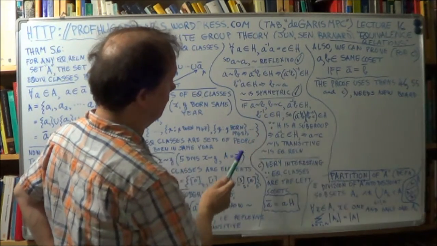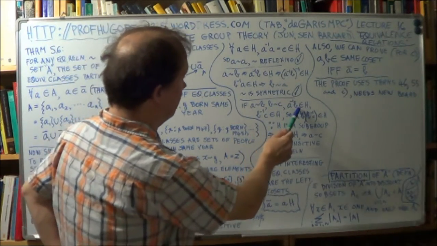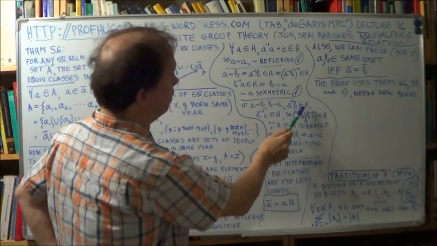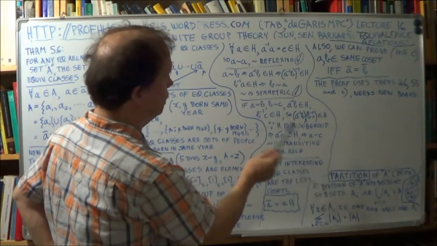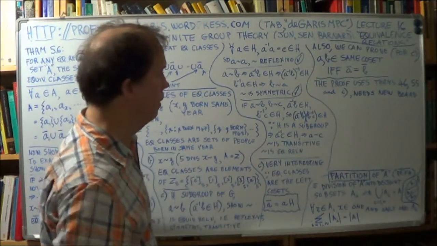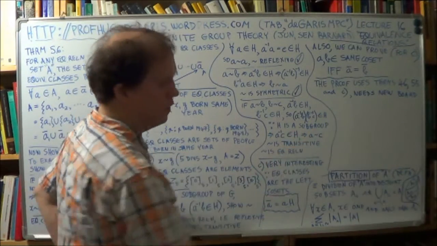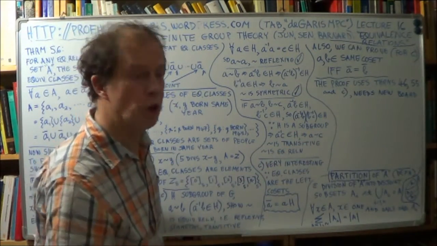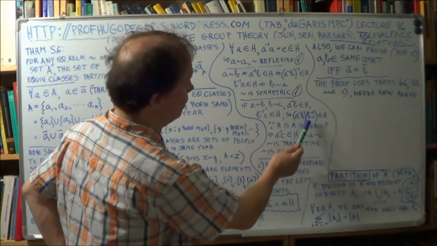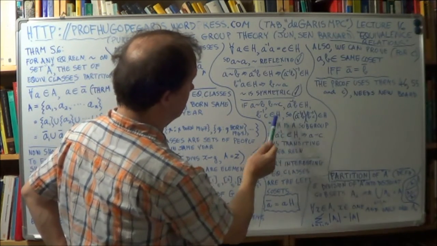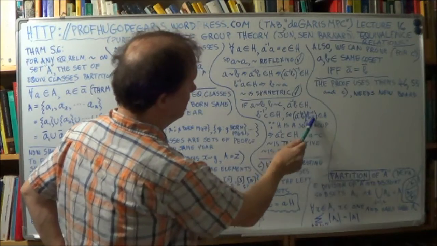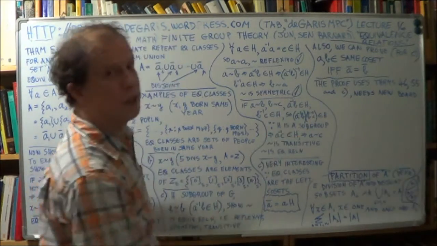That's the definition. Now, this is just an element of H, and this is also just an element of H. So we can multiply the two, and since H is a subgroup, hence a group, it's closed. So the result of this element times this element also belongs to H.